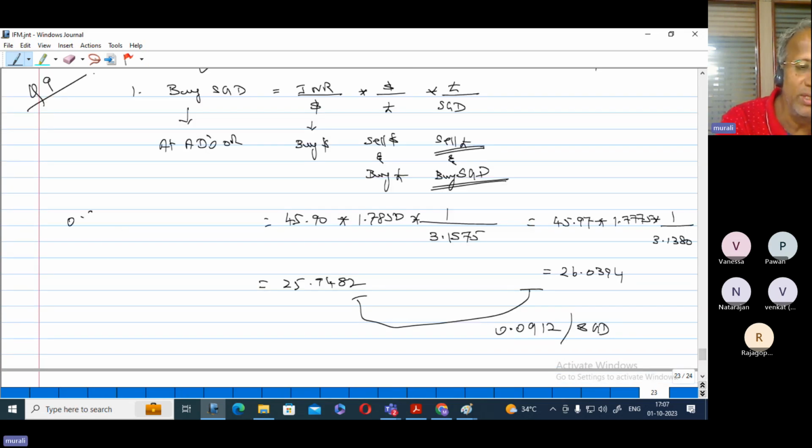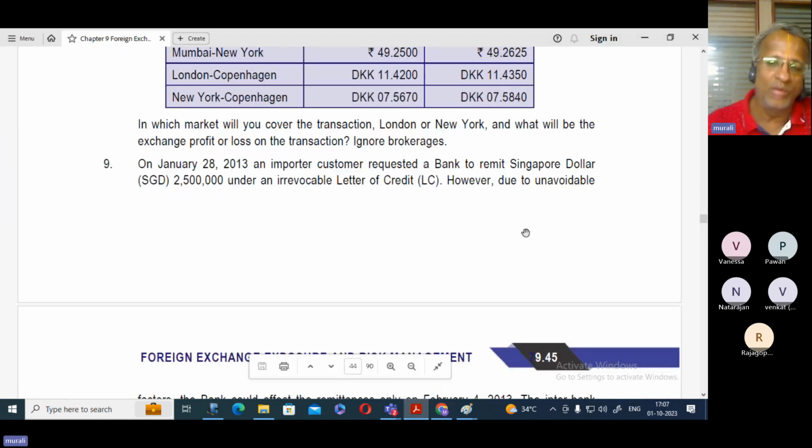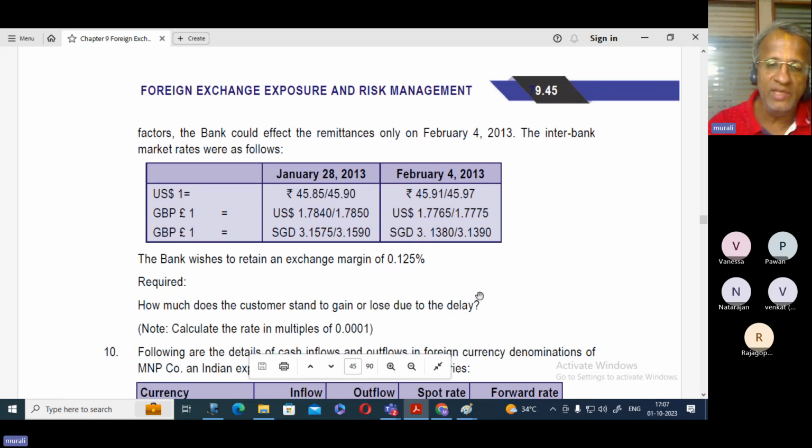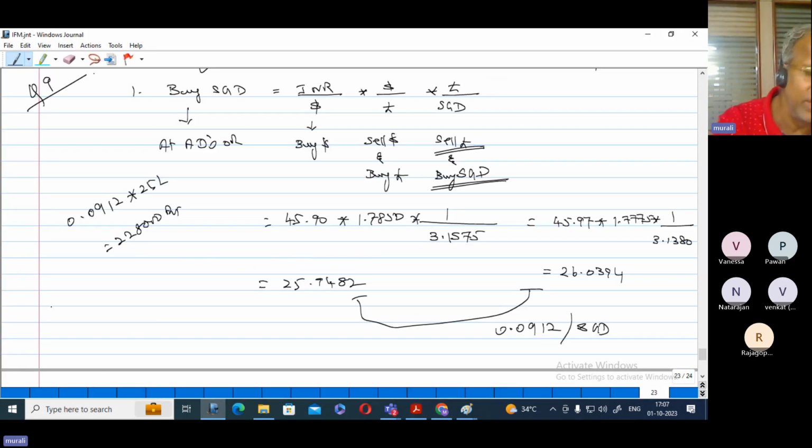So 0.0912 into 25 lakhs gives you 228,000 rupees. There is an exchange margin of 0.125%. 0.125% of this comes to 285, which you have to add.